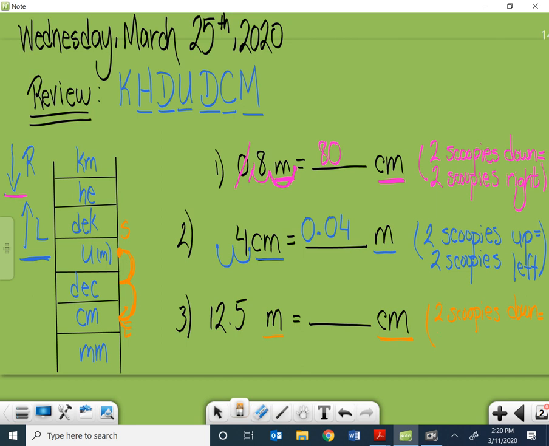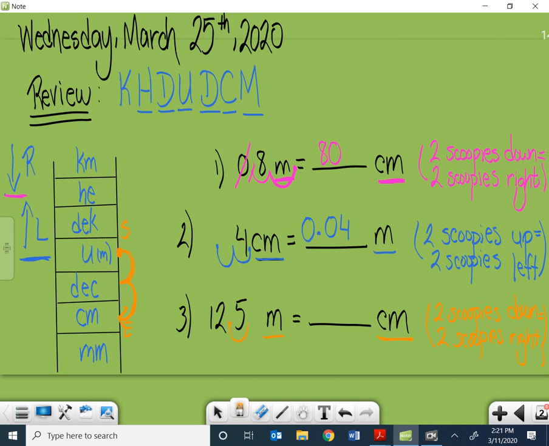And by now you probably know that means I need to move 2 scoopies to the right. Okay, down is always right. Okay, now let's do this. So I'm starting off, my decimal happens to be here, it's not invisible, so it's right here, and I need to move 2 scoopies to the right.